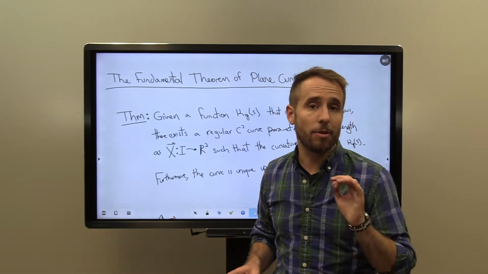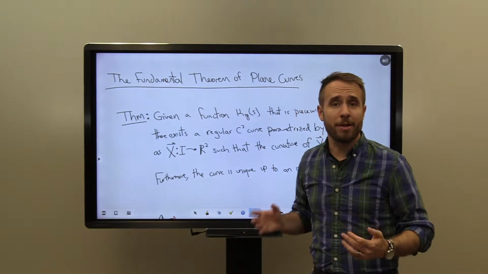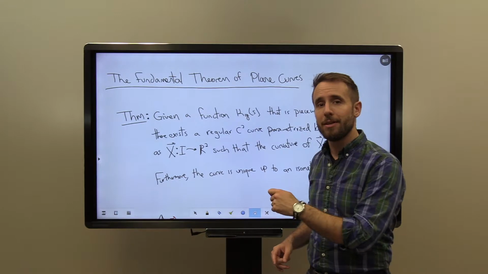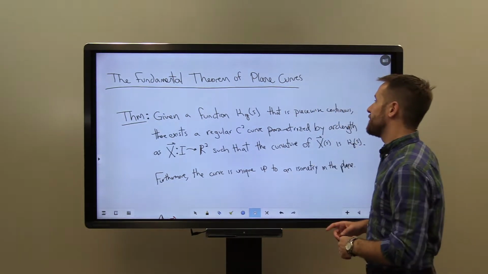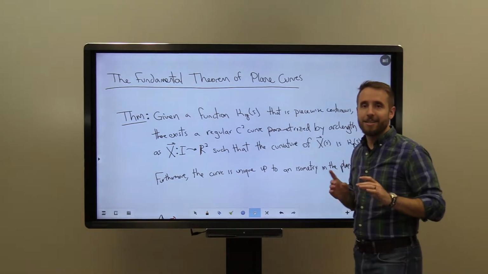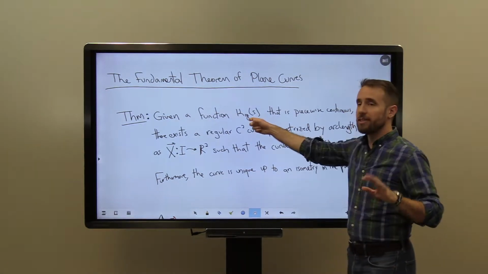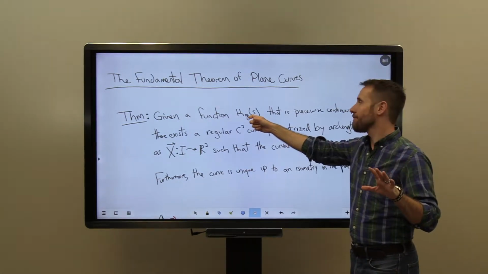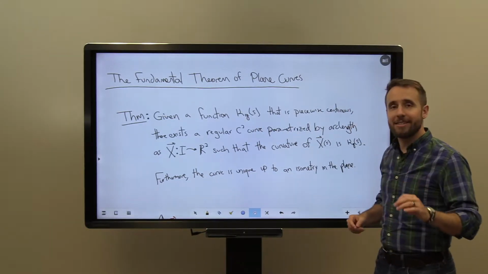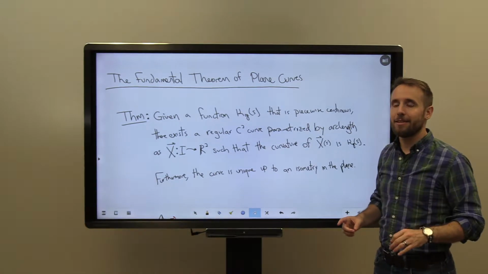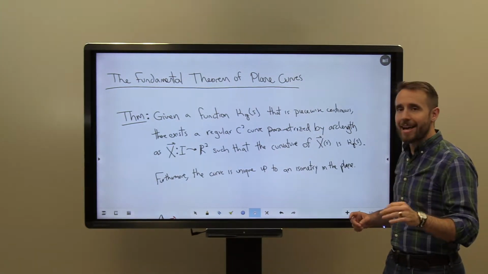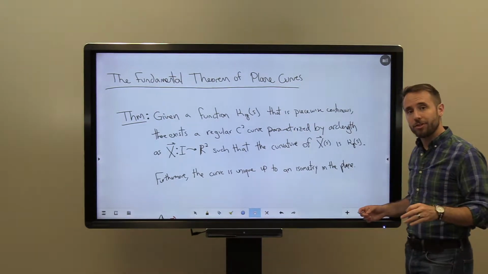Let's take a look at the more precise result, which is important enough that we give it one of the fundamental names. This is the fundamental theorem of plane curves. The theorem reads as follows. Given any piecewise continuous function, which I'll suggestively name kappa, there exists a regular curve x of s, parametrized by arc length, that has kappa as its curvature.